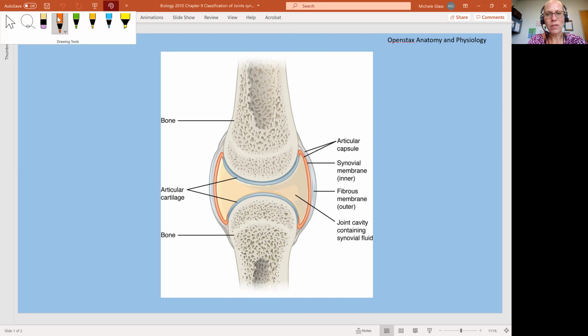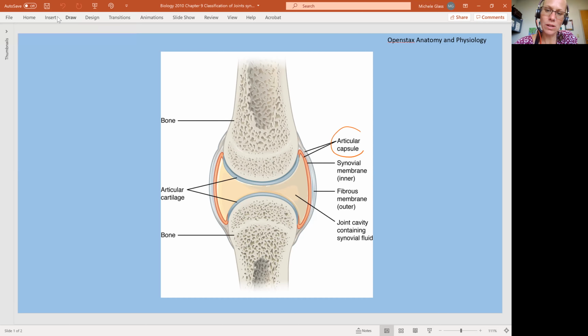On the very outside of the whole joint structure, we have what's called the articular capsule. The articular capsule is a fibrous connective tissue that's attached to each bone, and it's surrounding this whole area of connection.